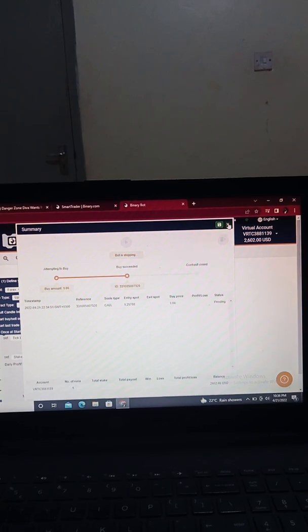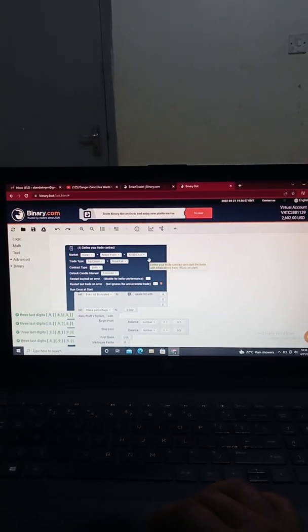Let's see. Seems like the USD Canadian dollar pair is currently very volatile. It's taking long for the bot to get a match.